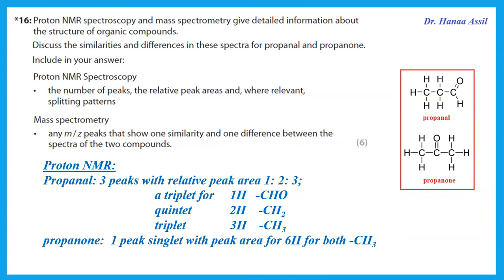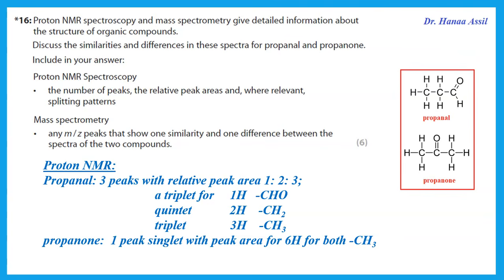Then the CH2 has 3 protons on the carbon on the left and 1 proton on the carbon on the right, so that's 4 hydrogens on neighboring carbons, so that would be a quintet. And the peak for the CH3 will be a triplet because it has 2 protons on the neighboring carbon.